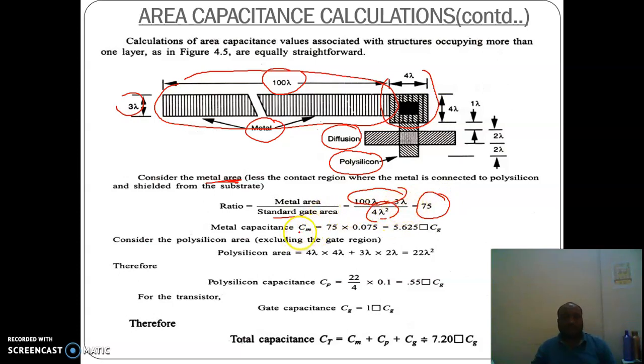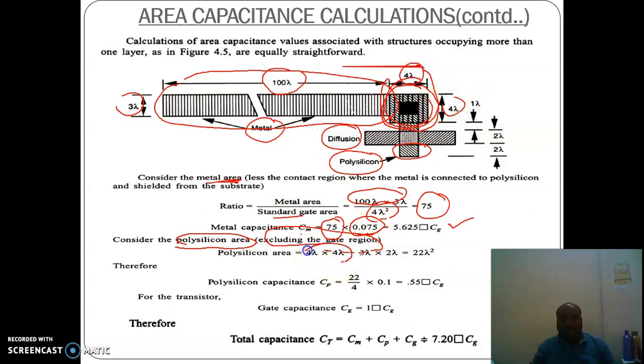So what would be the metal capacitance here? This relative area multiplied by its relative capacitance value from the table. So that is 5.625 times the standard unit of capacitance. Similarly, if we consider only the polysilicon area, from the figure you should exclude the gate region, that is the transistor region. This is a polysilicon area and this one is a polysilicon area. In this case, the width and length are 4 lambda and 4 lambda.